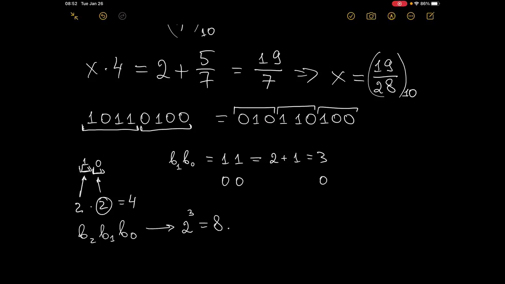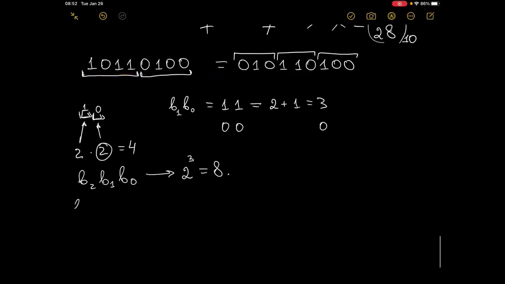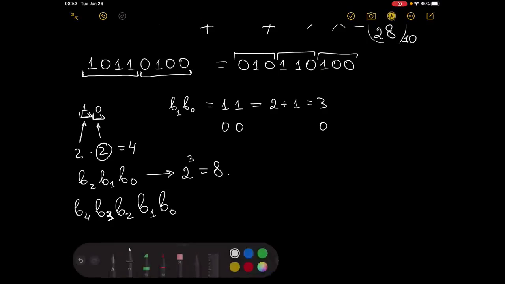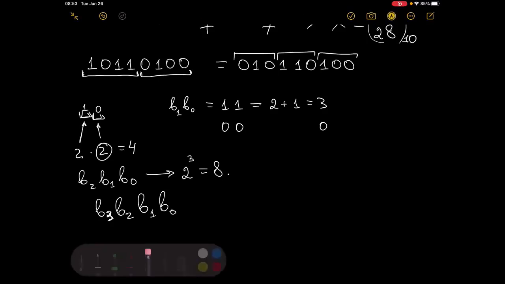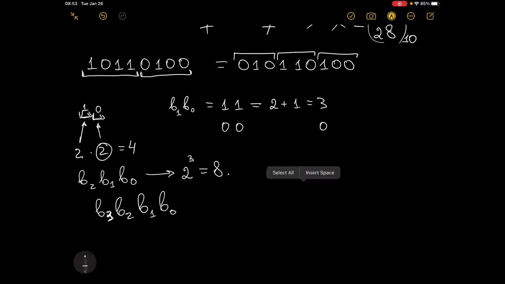So 8. What about 4 digits? 2 to the 4th, right? 16 numbers.